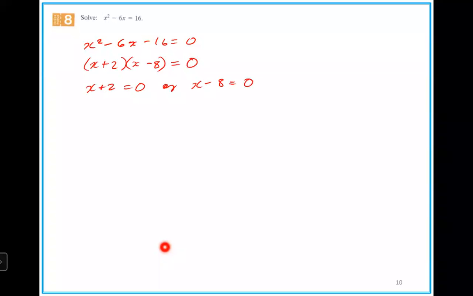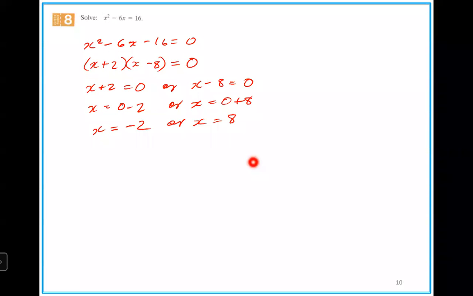Then x equals 0 minus 2, and then x equals 0 plus 8. That's as far as I got. So 0 minus 2 gives you negative 2, and 0 plus 8 is 8. Okay, so x is equal to negative 2 or x is equal to 8.